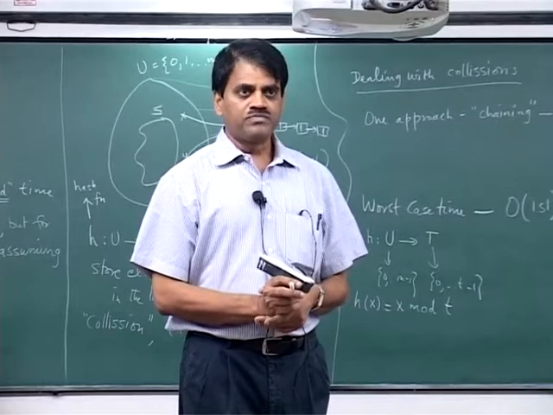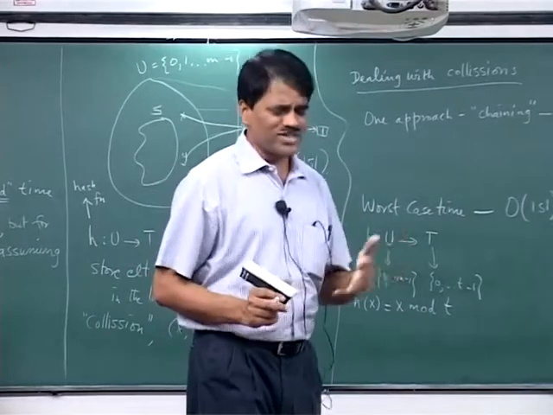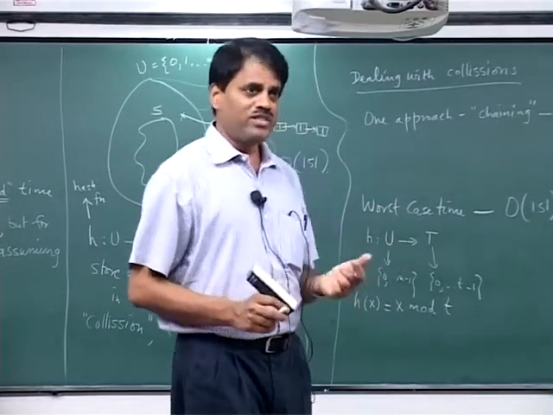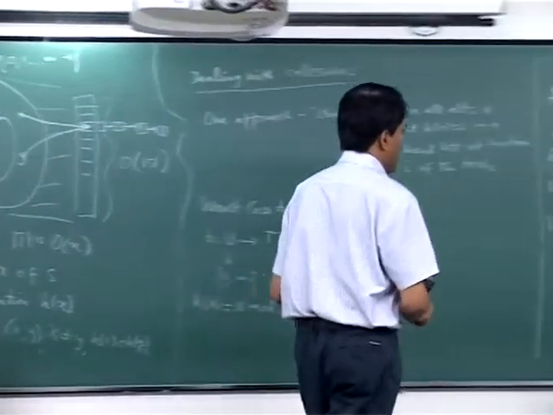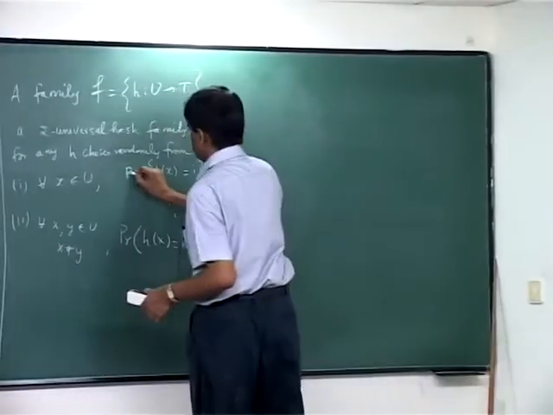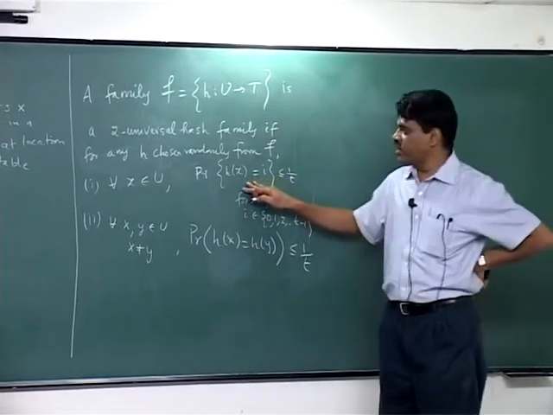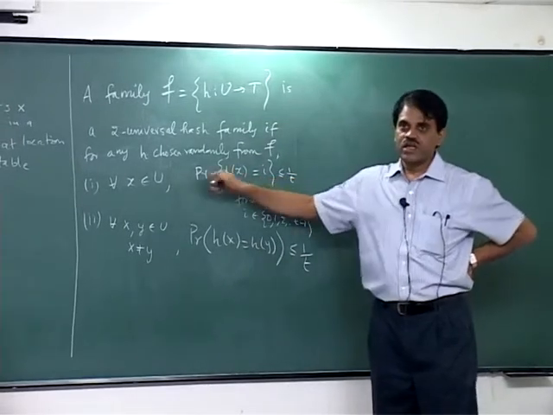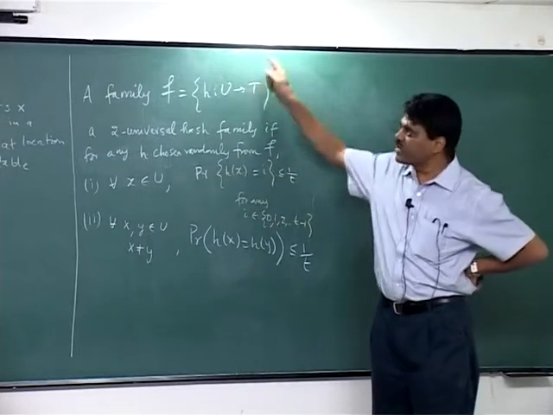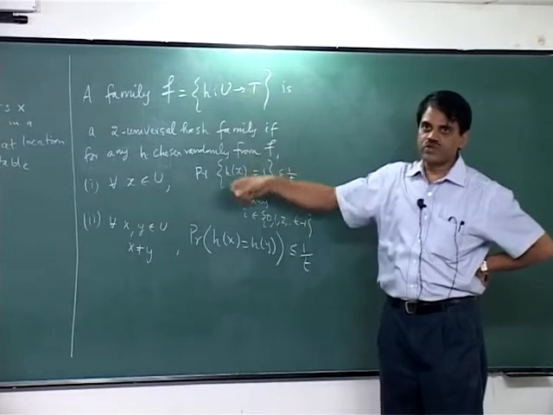Now, if you are not comfortable with this probability business, the way to think about it is this. What does this statement mean? For an x and an i, look at how many functions here map h of x to i.